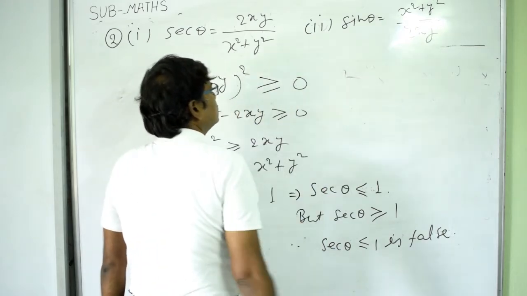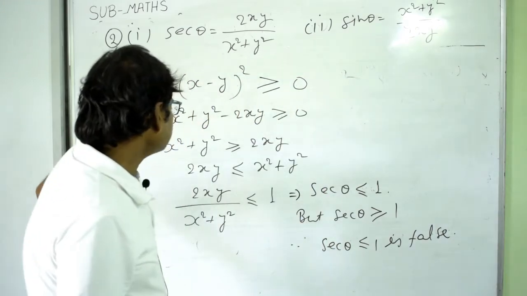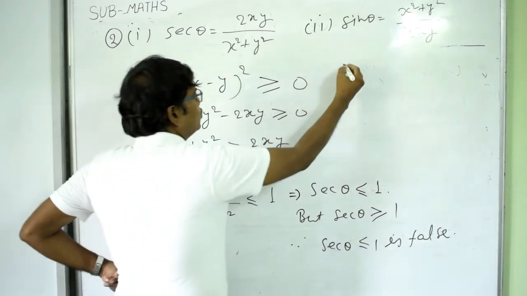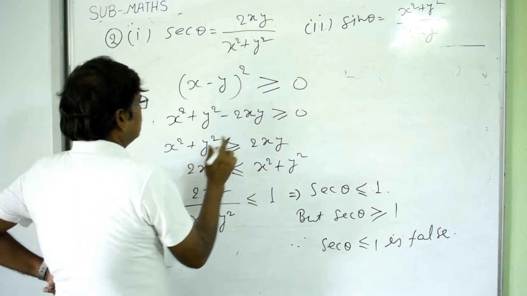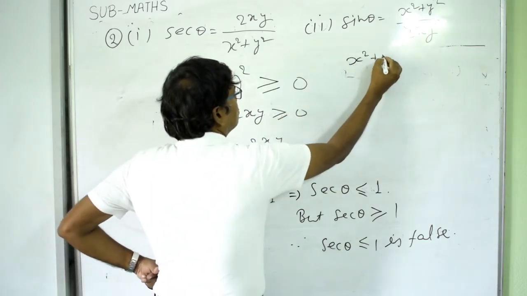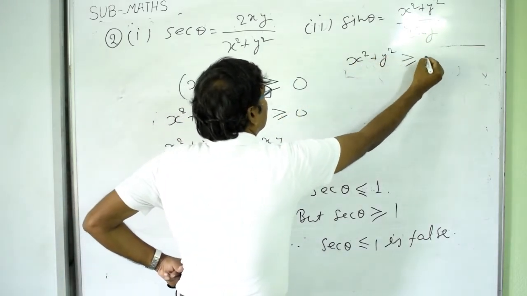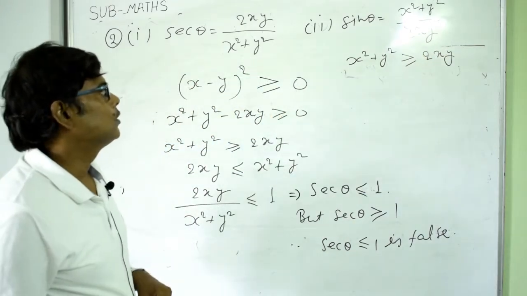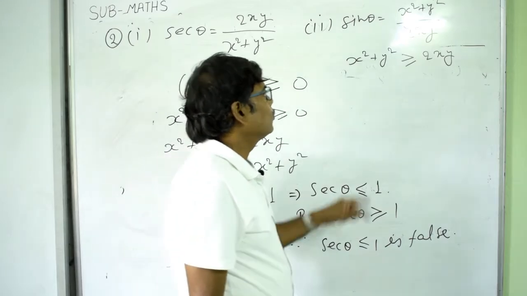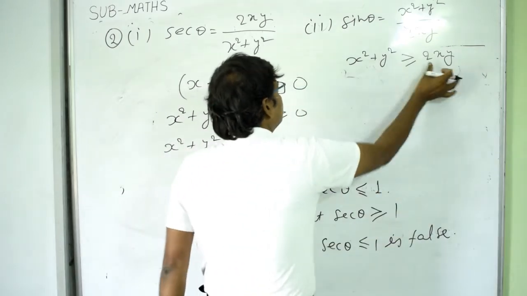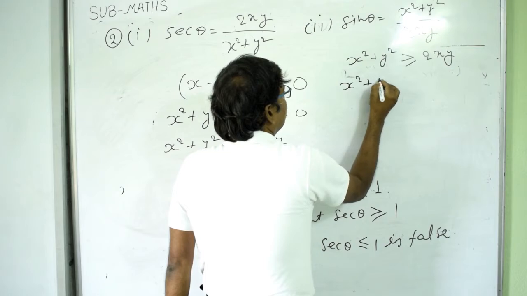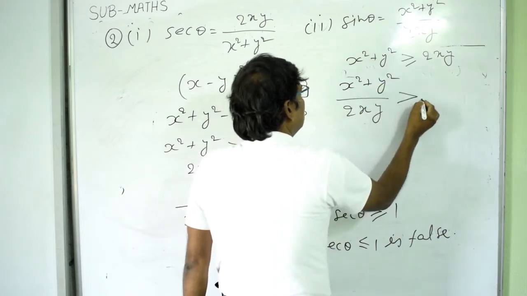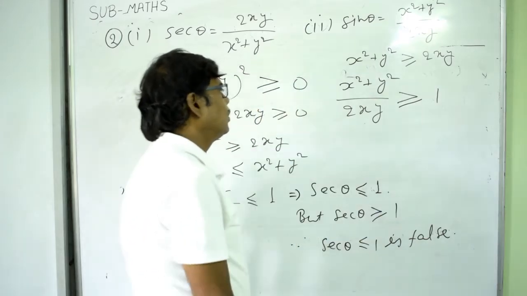This is also false, because here it is 2xy by x square plus y square. Or you can write this also: x square plus y square is greater than or equal to 2xy. Then bring this to this side, then you have x square plus y square by 2xy is greater than or equal to 1.